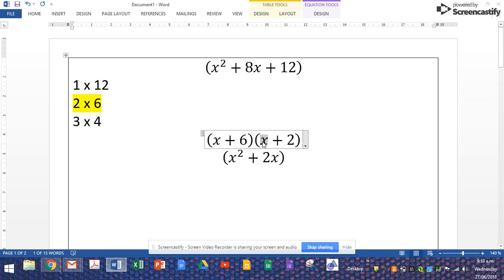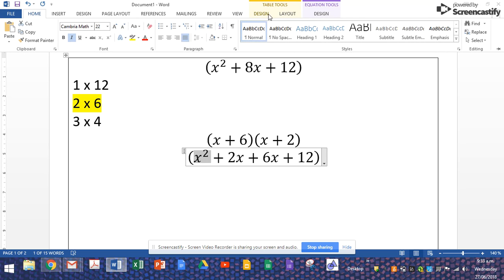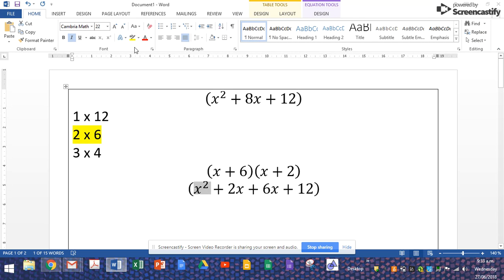That positive 6 times that is plus 6x, and the 6 times 2 is plus 12. Now that's a quadratic term, a power of 2. So that's on its own. It doesn't have any other like term, so I don't have to deal with that. Can I highlight this? I would like to highlight that just to show that I don't need to deal with it. Okay, I'll just put that in green. Now, this two thingy-majig is in the middle.